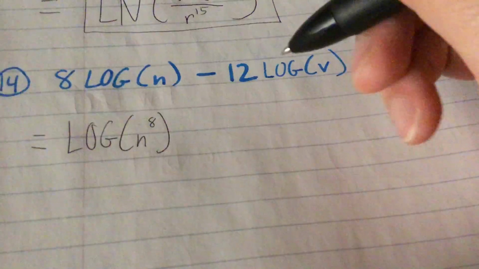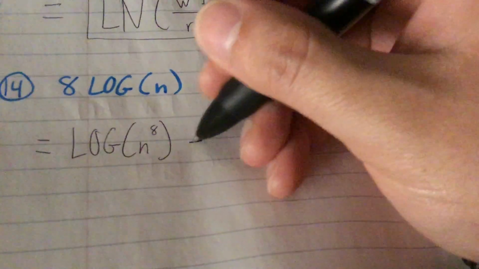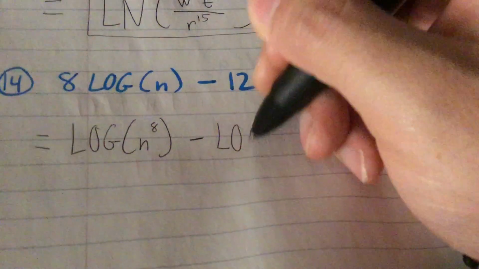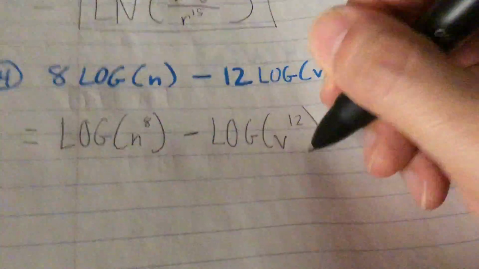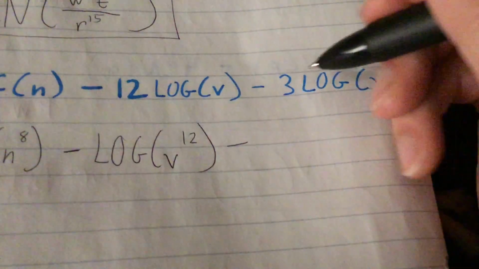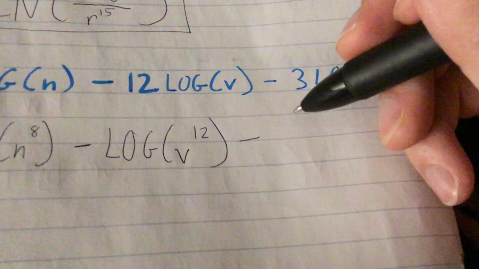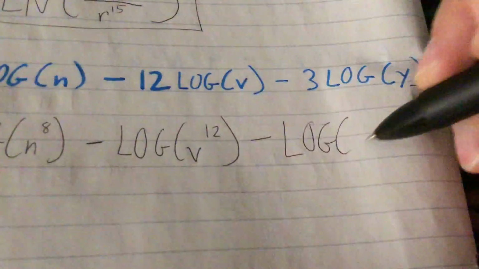So this becomes log of n to the 8th, okay, minus that 12 can go inside as an exponent, so that becomes minus log of v to the 12th, minus 3 log of y, so that 3 can go inside as an exponent, so that becomes minus log of y cubed.